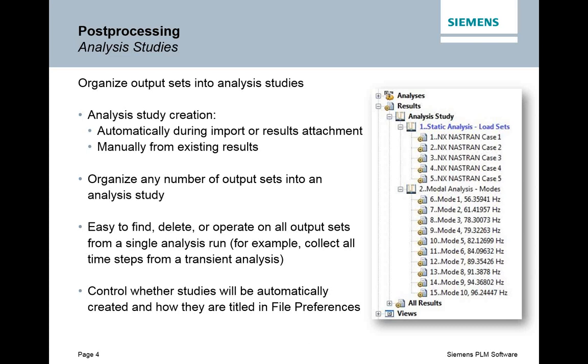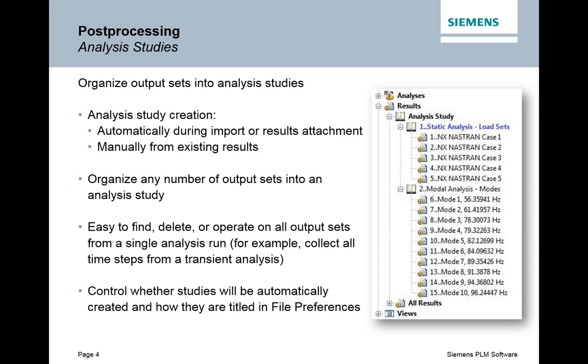This helps with organization. In this example, they've got 5 different subcases for static analysis with a bunch of different results from a modal analysis. Before, it was all grouped into one listing, and this is going to help you divide and organize that a little better to make sense of all of your output.